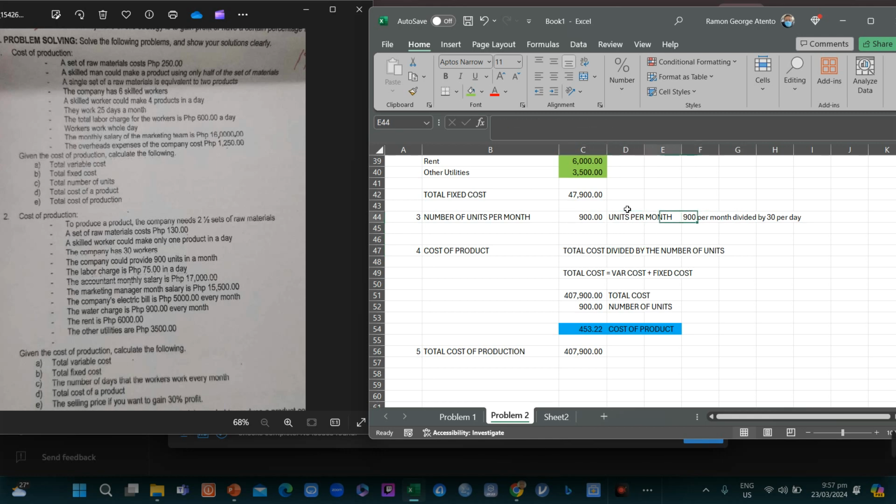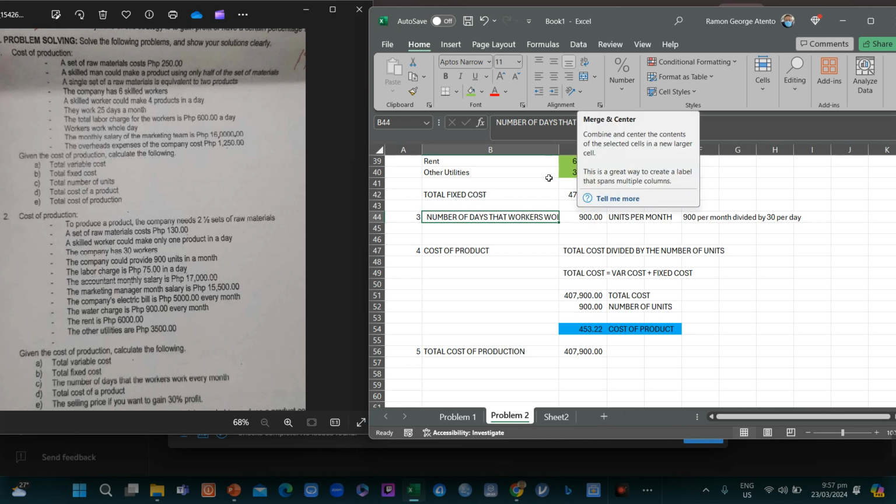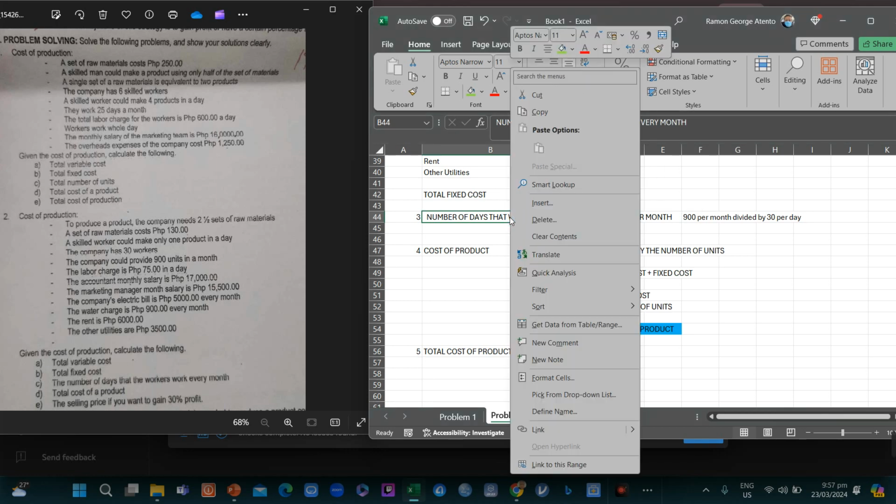So number of units, number of days. This is now the number of days that the workers work every month. If you need 900 output, we should be... where is that?